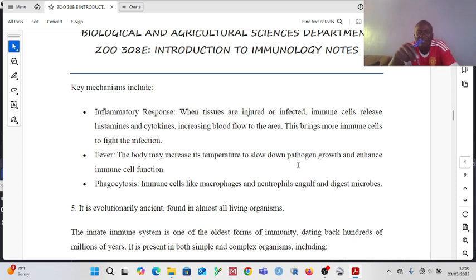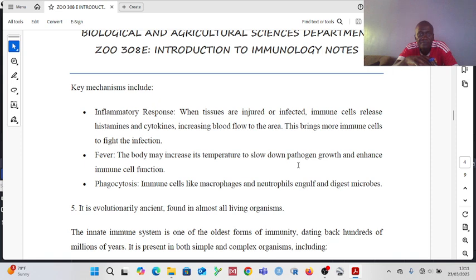Okay? As blood flows to that area, it comes with immune cells, because the area that has been infected or injured needs immune cells to come and fight that infection. Ndio huwa inafanya unaona ukigongwa pahali unafura.